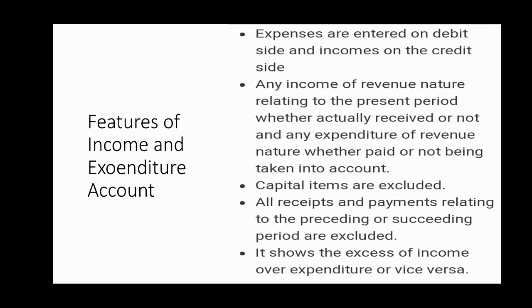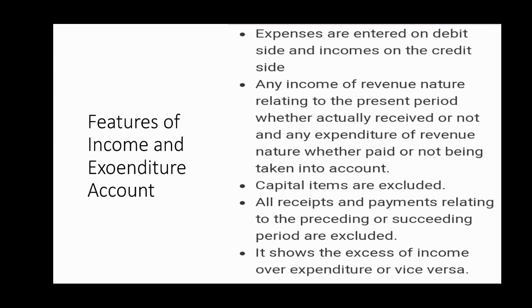So there is no matter of cash or non-cash transaction. Capital items are excluded. Only revenue nature items will be written here, not capital nature. All receipts and payments relating to the preceding or succeeding period are excluded. It means if any expenses or income relate to the previous year or the next year, we must exclude them here.